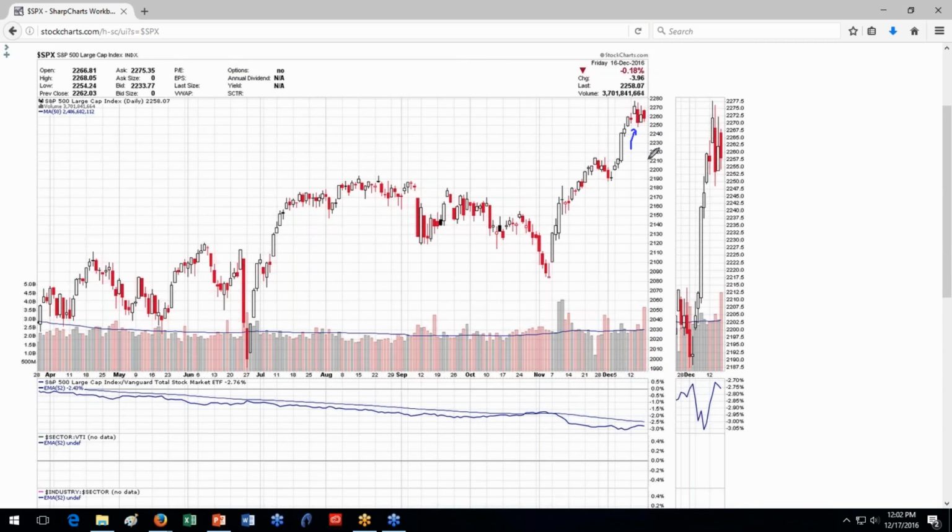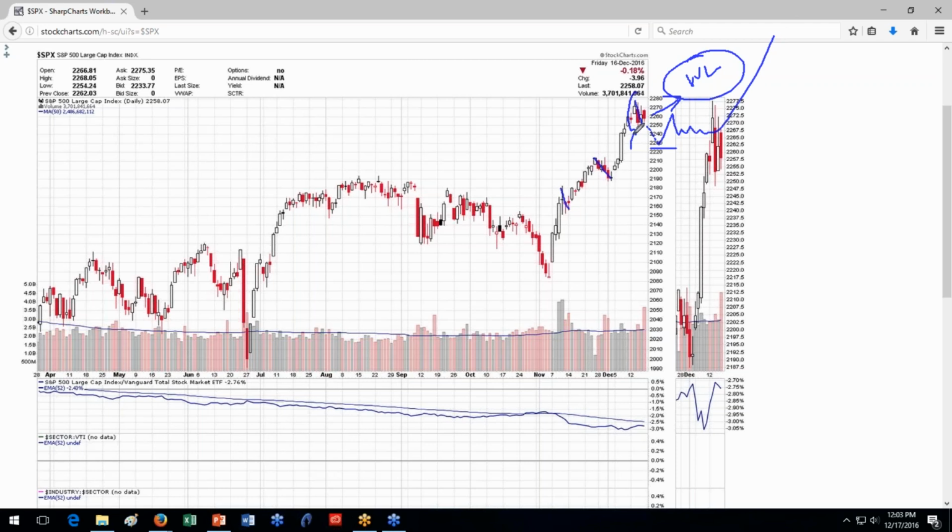And therefore that suggests that maybe the reaction that we're going to have here is not just going to be of the same magnitude, but actually it might extend a little bit more. So what are we doing during this time? We are doing our selection process and we are creating our watch list for the next potential move to the upside.